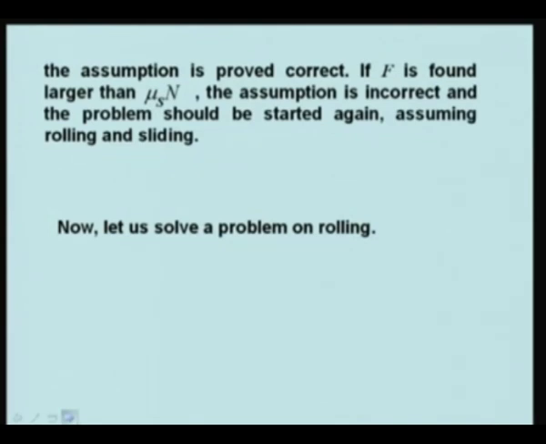If F is found larger than mu s times N, then the assumption of pure rolling was incorrect and the problem should be started again, this time assuming rolling and sliding. So the expression for force will also change, and F will now become equal to mu k times N. Now let us solve a problem on rolling.